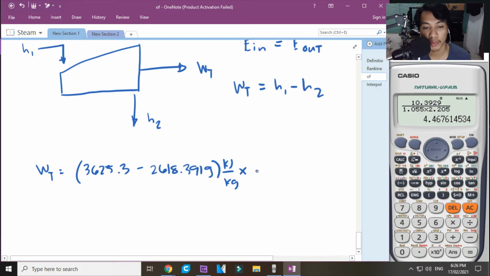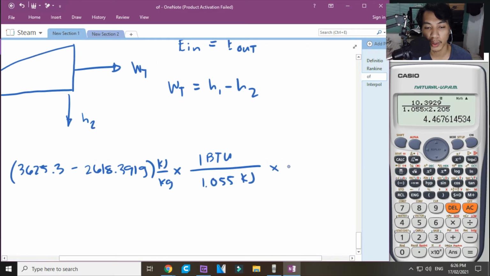Multiply by the conversion factor: 1 BTU per 1.055 kilojoule, then 1 kilogram per 2.205 pounds.